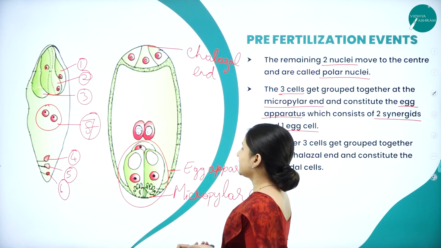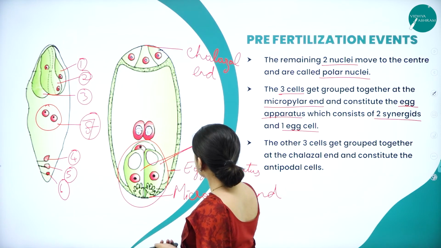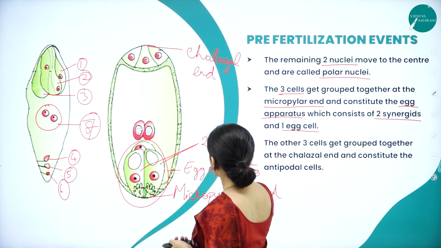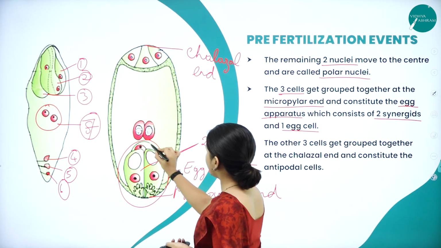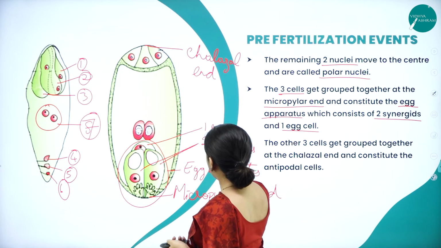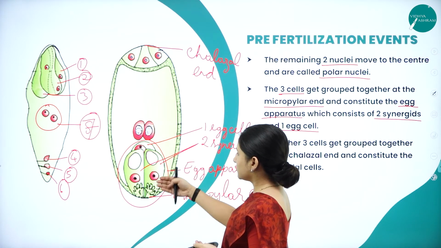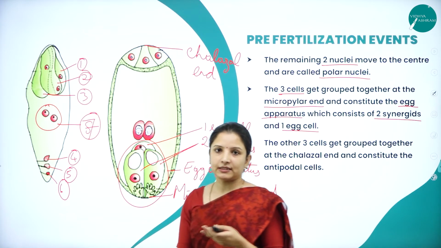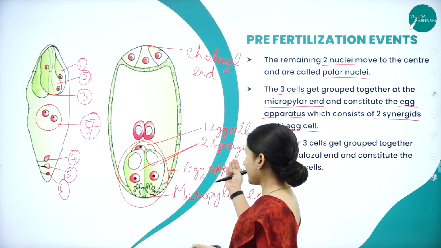So what is there in the egg apparatus? You have 2 synergids, and you have 1 egg cell. So these are the 3 cells that were present in the micropylar end. They developed into the egg apparatus.